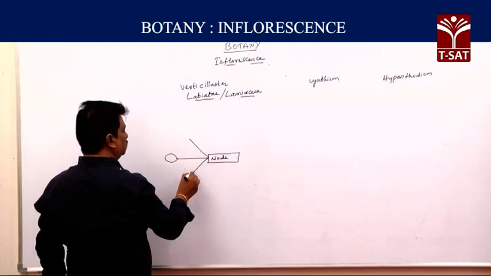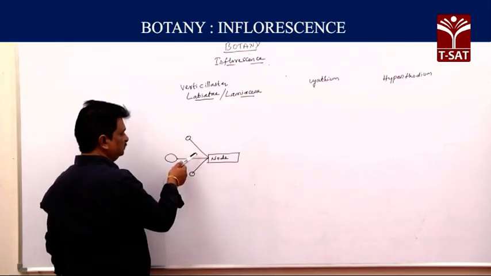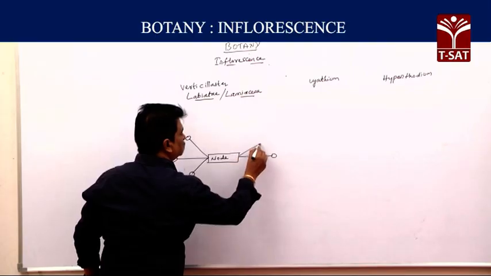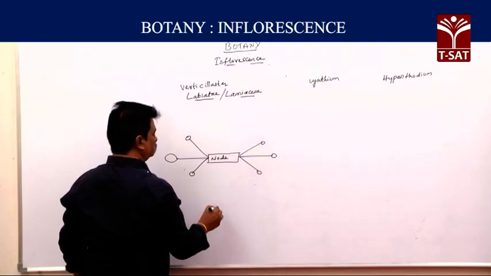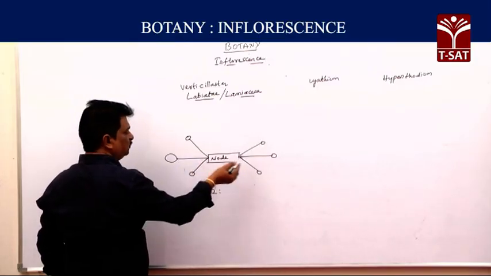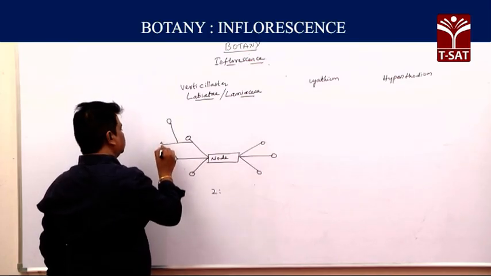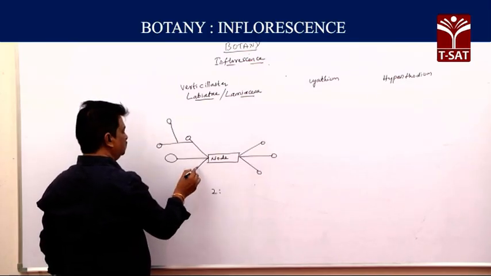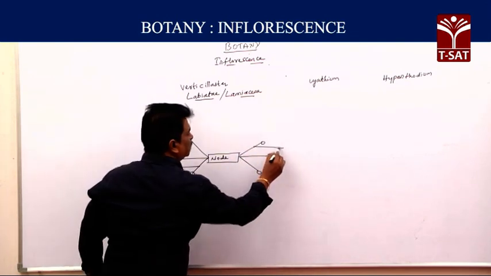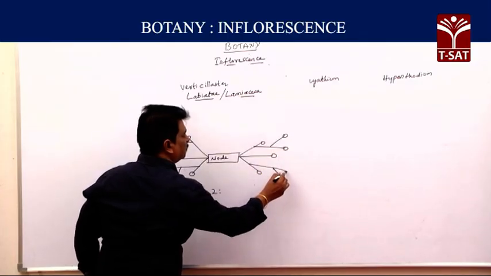Initially, the inflorescence starts with a dichasial cyme. This is one side, and here is another dichasial. So the number of dichasial cymes is 2. Each dichasial ends with a scorpioid: this is 1, this is 2, and here also scorpioid.